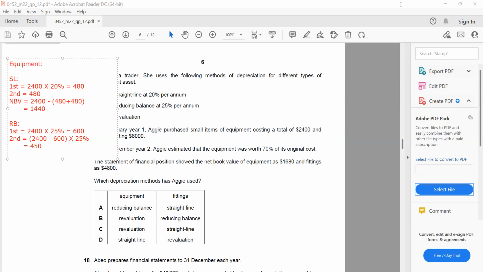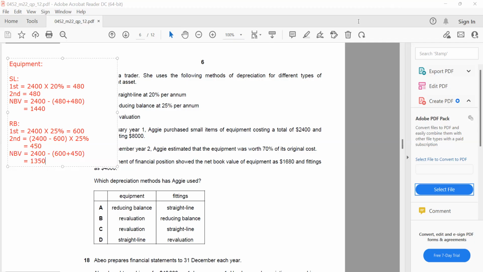So the net book value for the reducing balance will be 2004 minus 600 minus 450, which is 1350.